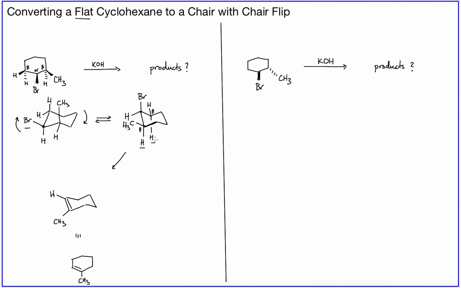Now if we eliminate the other hydrogen on the other beta carbon, we're going to end up with the following structure, and I'm going to draw it in a chair first, then draw it flat. So we're eliminating HBr across this carbon-carbon bond now.